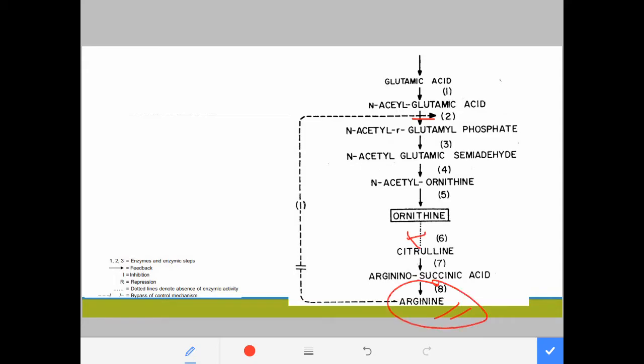So arginine is not produced, but your pathway still continues, and since enzyme 6 is inactive, or rather ineffective and doesn't work anymore, you will experience a buildup of ornithine.